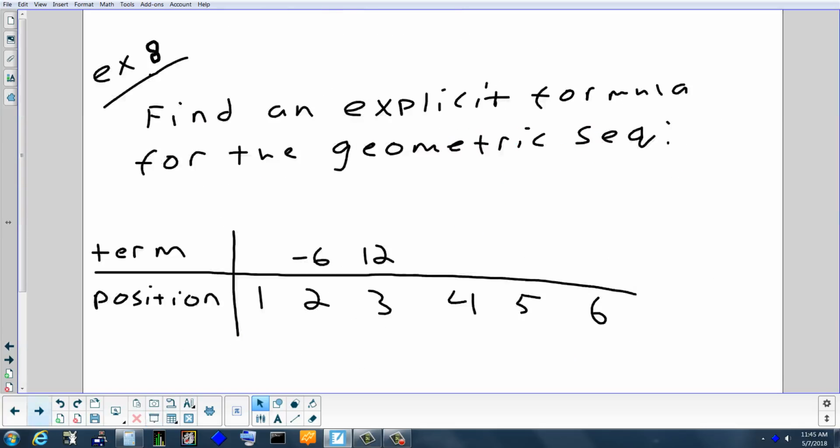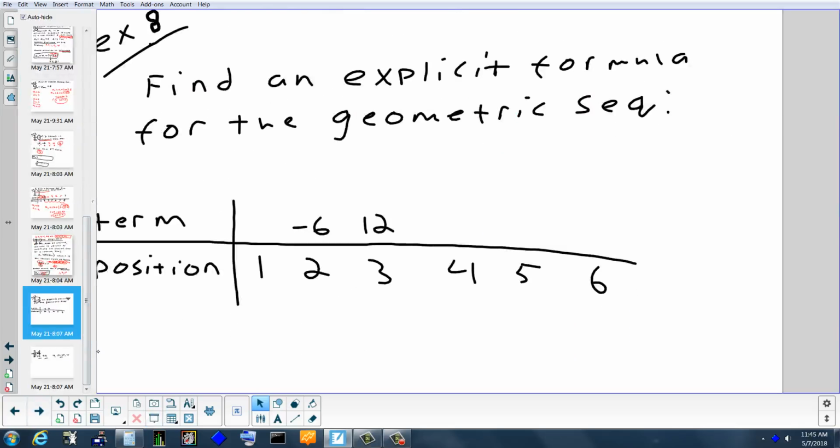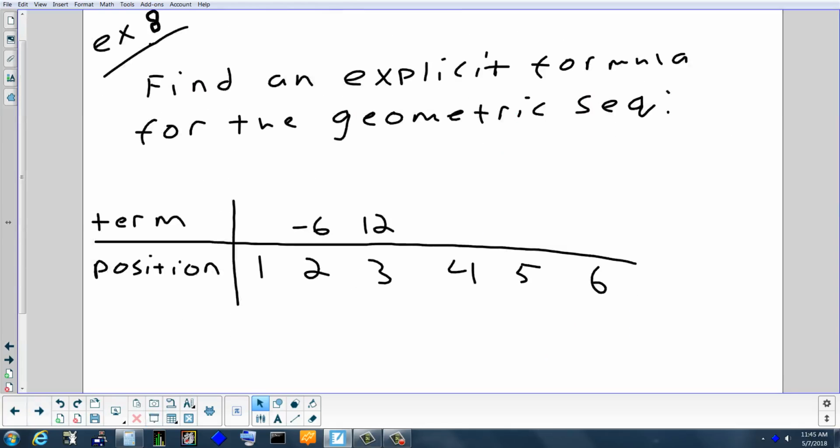All right, so let's look at this one. It says find an explicit formula for the geometric sequence. It's geometric. What would the 4th term be here, just based on these 2?